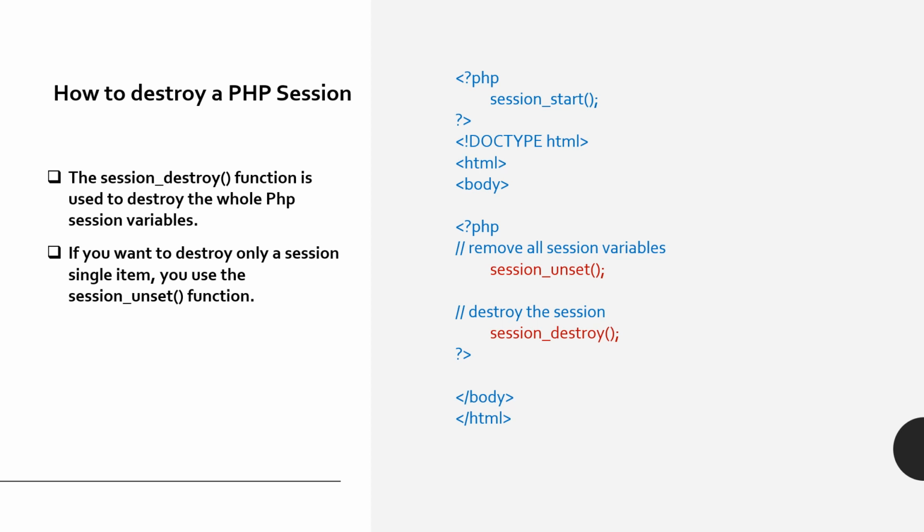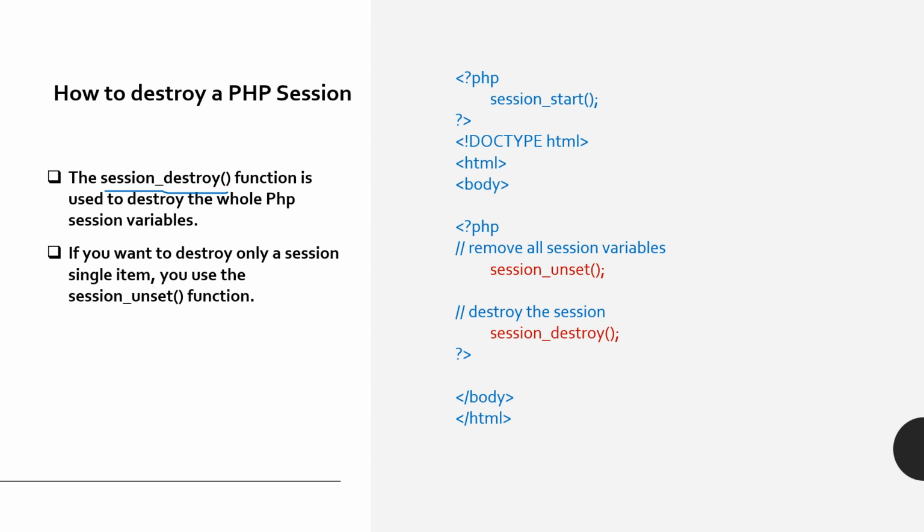So far we have discussed how to create sessions and how to display them. Now we are going to discuss how to destroy a PHP session. To destroy a session, the session_destroy function is used. That is used to destroy the whole PHP session variable.